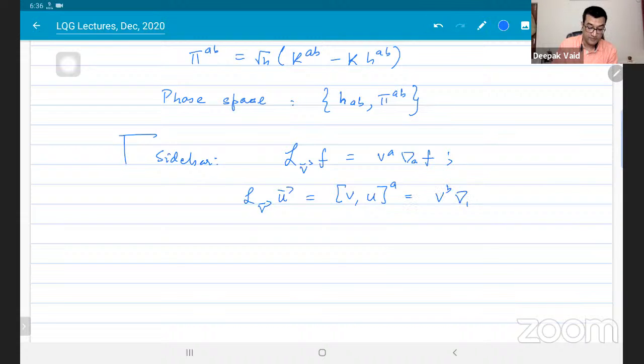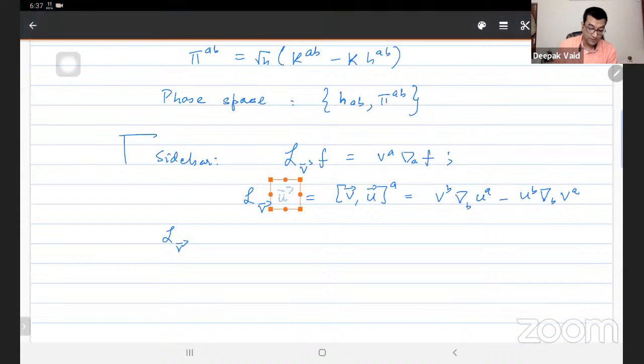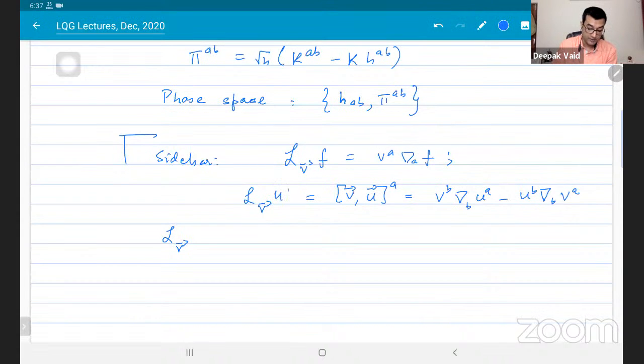The Lie derivative of a vector field is a commutator. And then you can generalize this to higher order objects. So here I should be consistent and write u^a, so that the indices on both sides match.